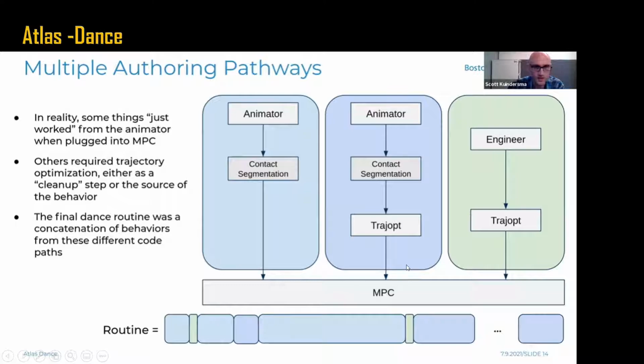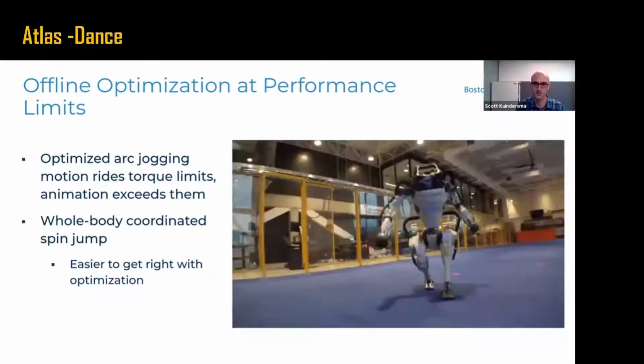These are different sequences that they combine to form a routine. And here we have offline optimization and performance limits, and onboard computing. Both of these offline and online optimizations are onboard.